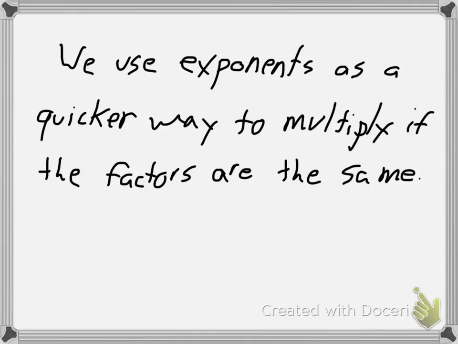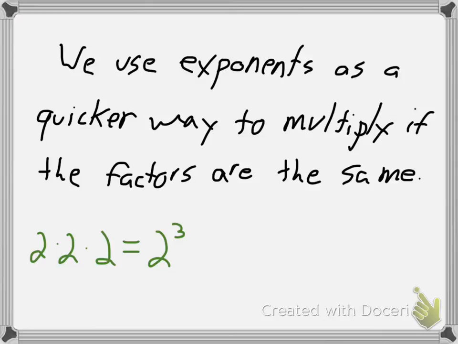So to wrap it all up here, we use exponents as a quicker way to multiply if the factors are the same. So we can only use exponents if the factors that are being multiplied are the same number. So if I have 2 times 2 times 2, I can say that is 2 to the third power, or 2 cubed.